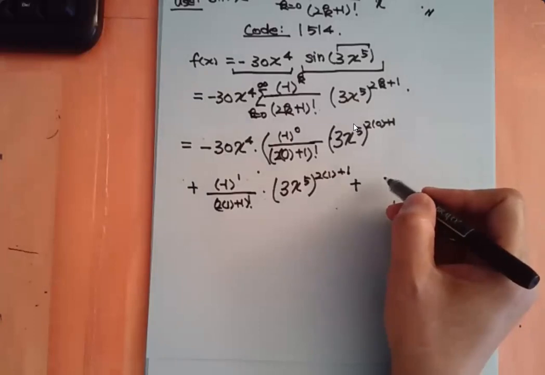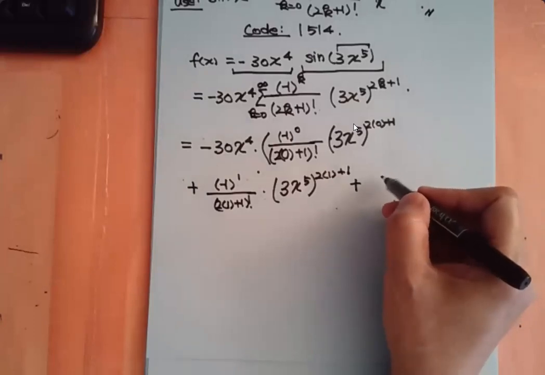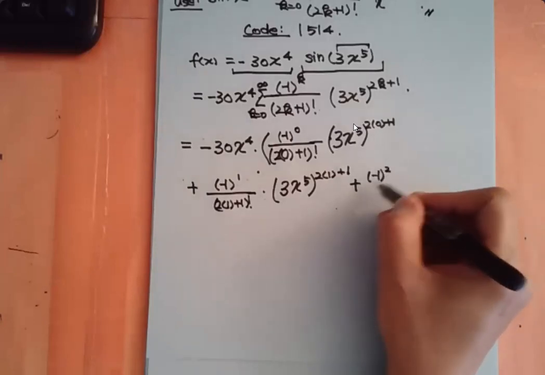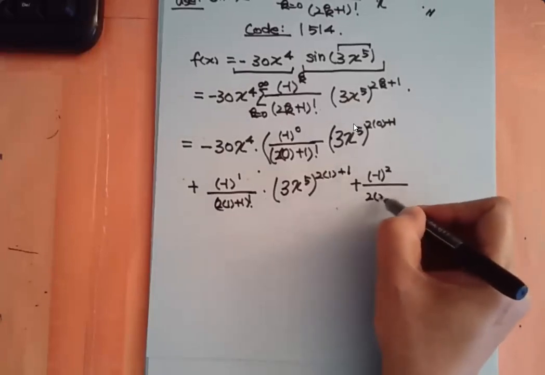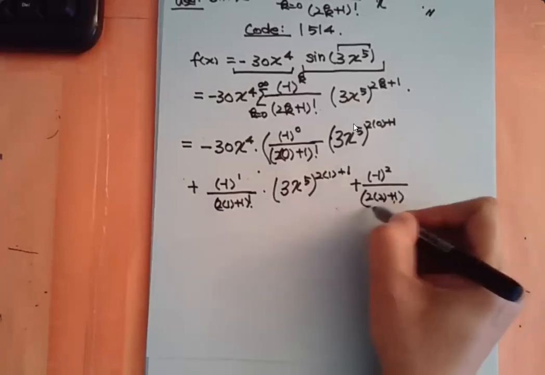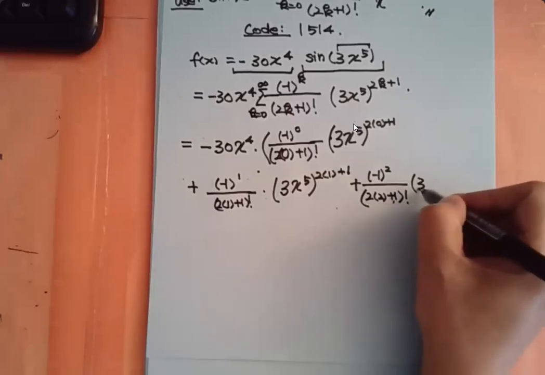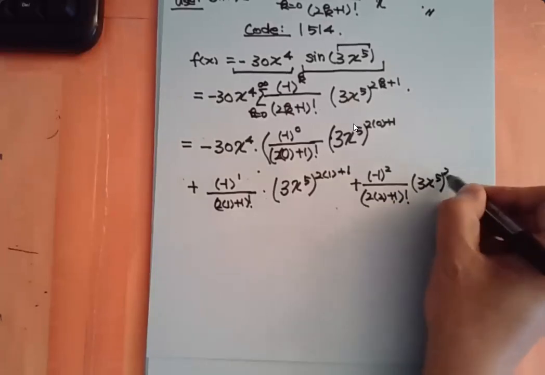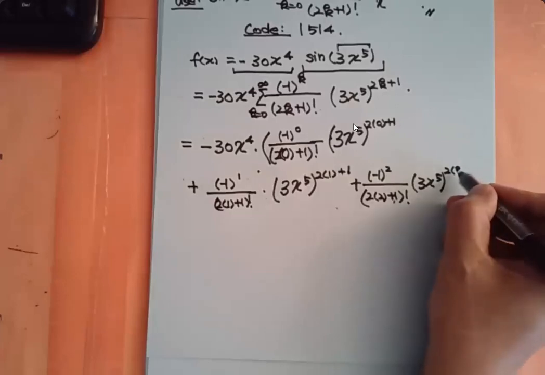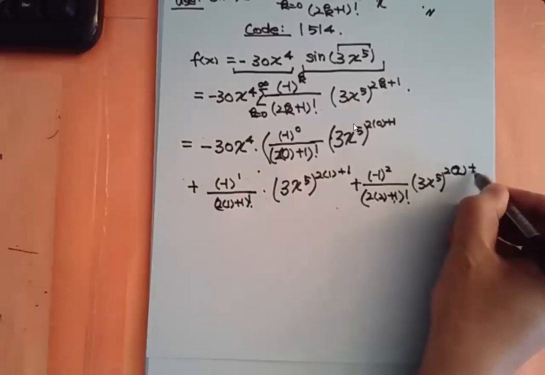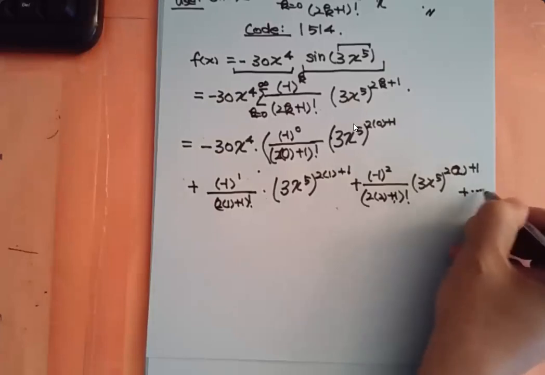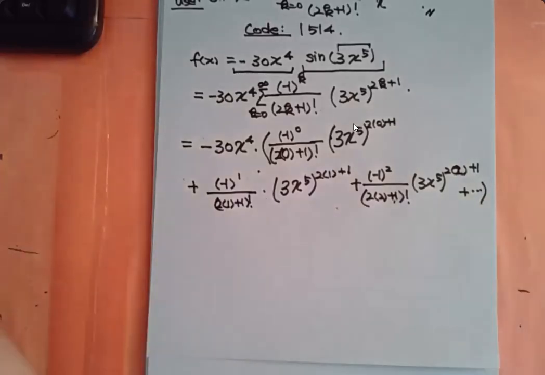And so 0, 1, and then 2. So negative 1 squared over 2 times 2 plus 1 factorial times 3 x to the fifth power 2 times 2 plus 1 and so on, right?